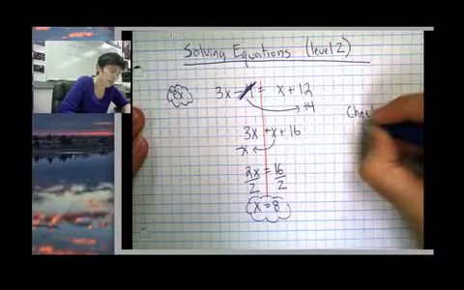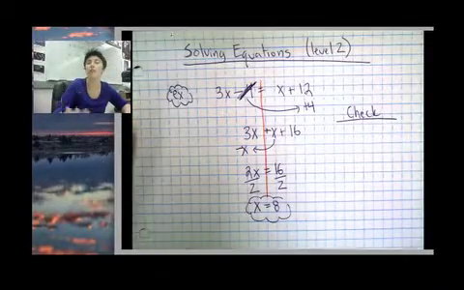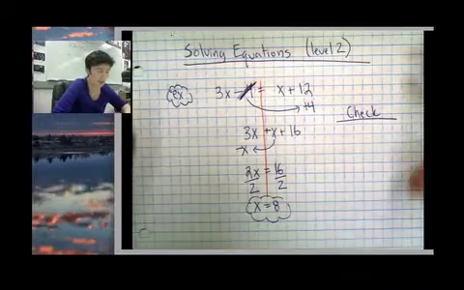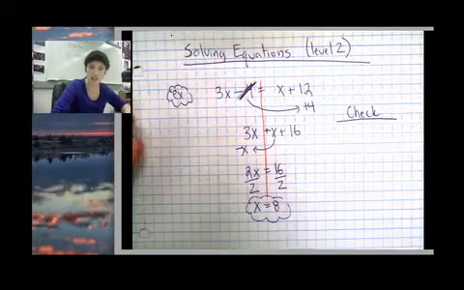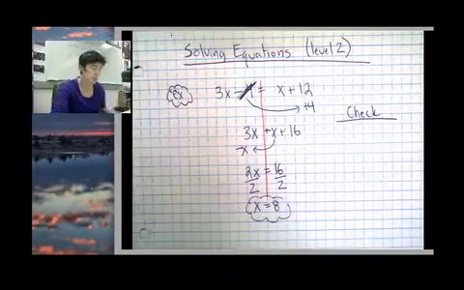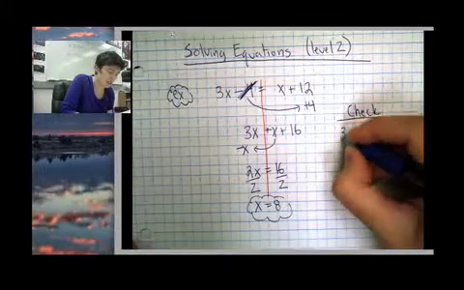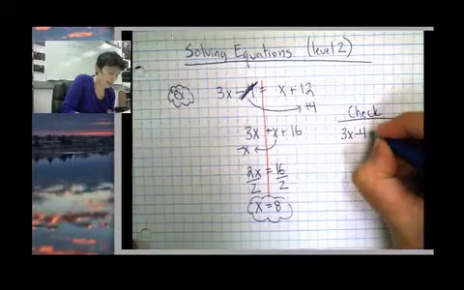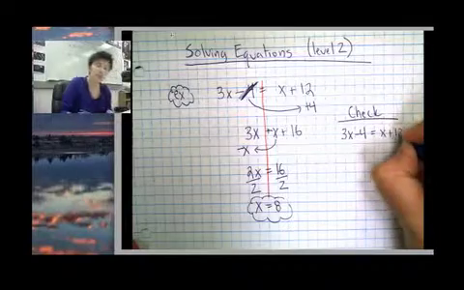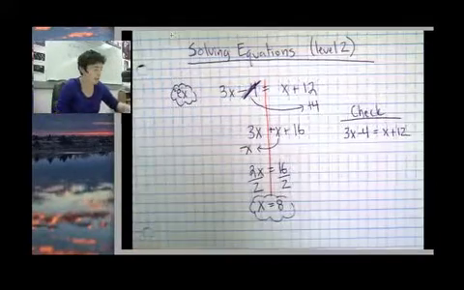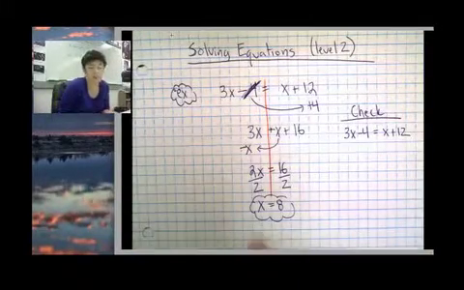If I wanted to be able to check my answer, here's how you do a check. And this is what gets you a level 4 in the classroom, an advanced score, is being able to check your answer. To check your answer, it's actually kind of easy. You go back and you copy the whole entire problem. You copy 3x minus 4 equals x plus 12. But instead of putting a line down the middle and solving it, we think we have an answer. We think it's 8.